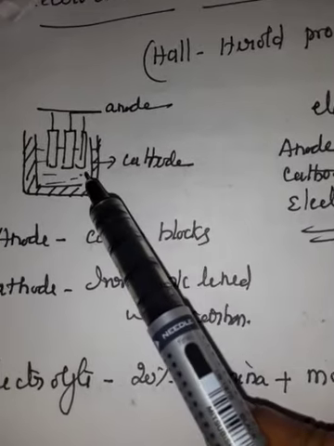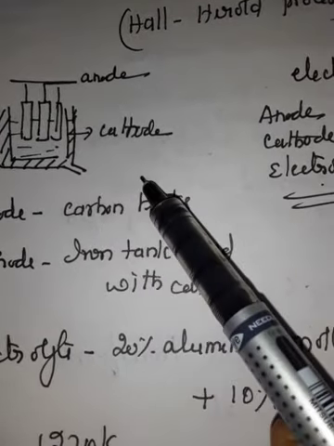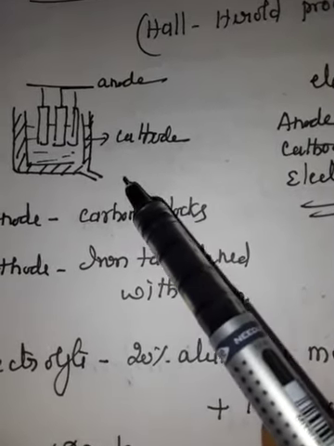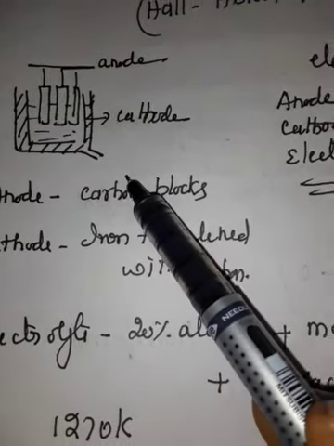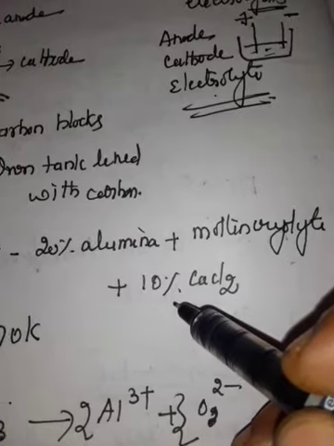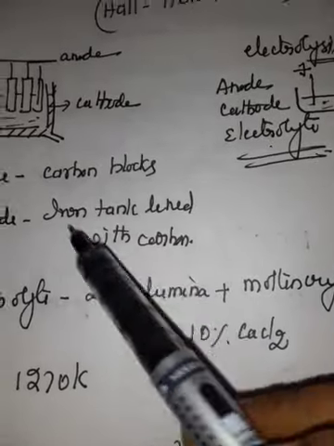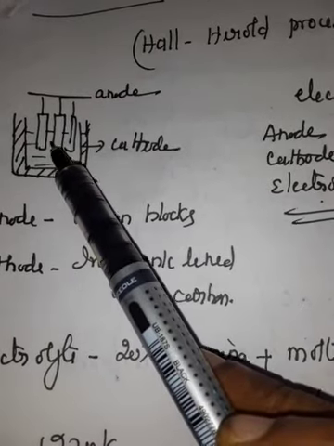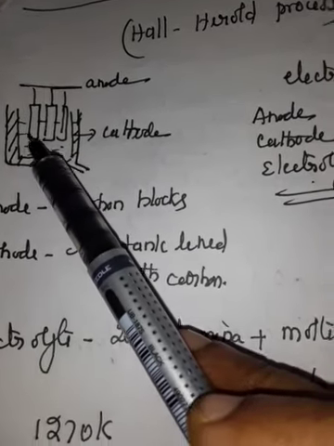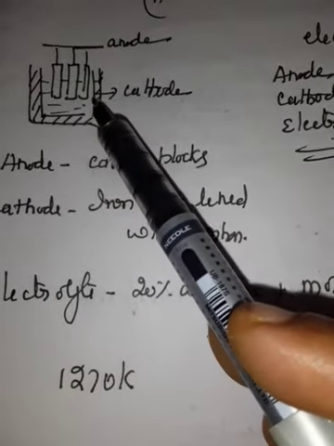The electrolyte is 20% alumina, obtained from the bauxite ore, mixed with molten cryolite, and 10% calcium chloride is added to lower the melting point of the mixture. Then this is kept in the electrolytic tank at a temperature of 1000 to 1070 Kelvin.